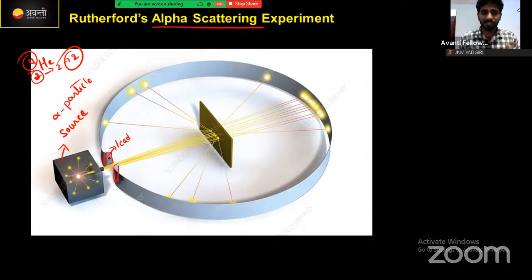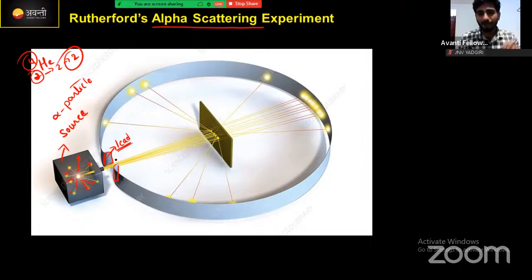The alpha particles are emitting in all directions from the source. To move them all toward one side, he put a lead box. It makes them go on a straight path.